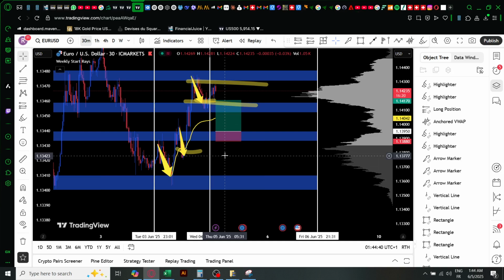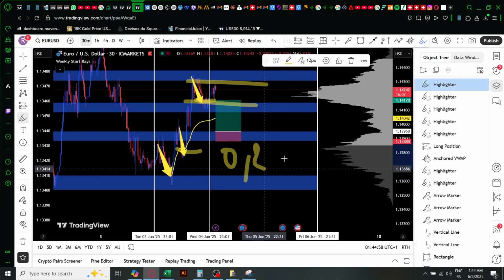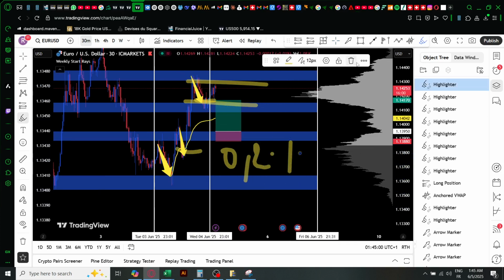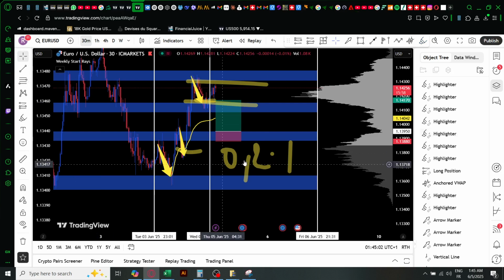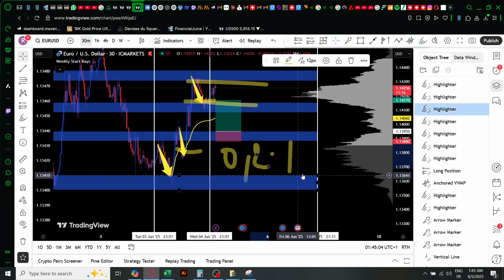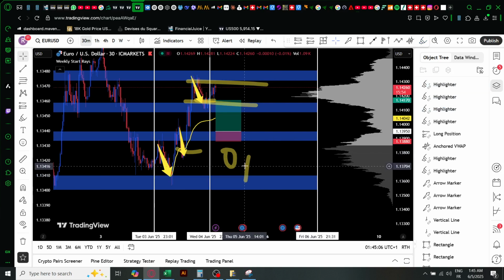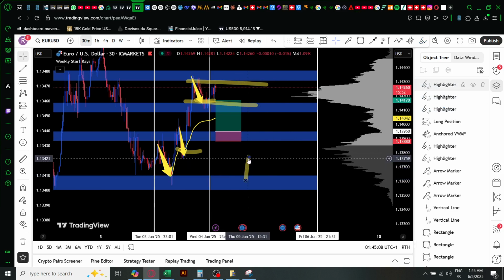But when it's automated, or let's say semi-automated, because I execute it myself, it gives me the bias and the timing, but I have to execute it myself. So this is why I risk very low on this system, and I risk 0.2%.